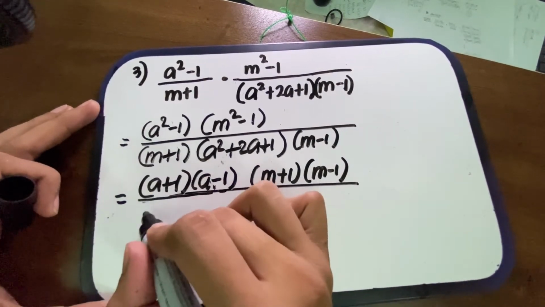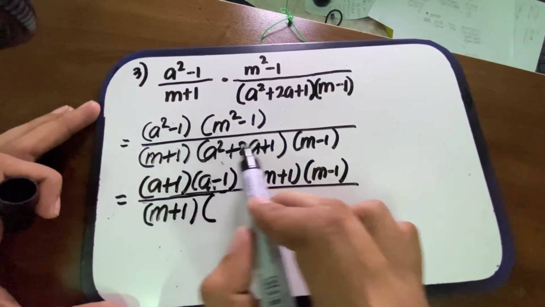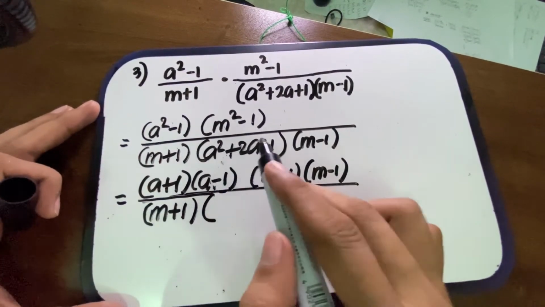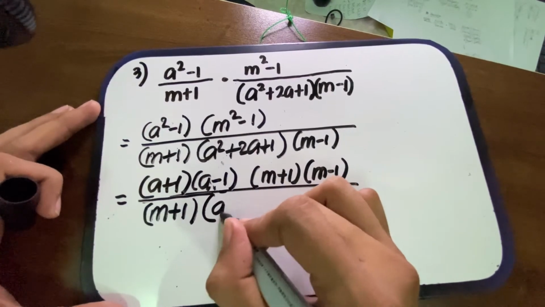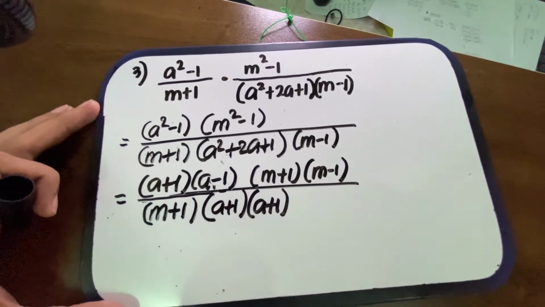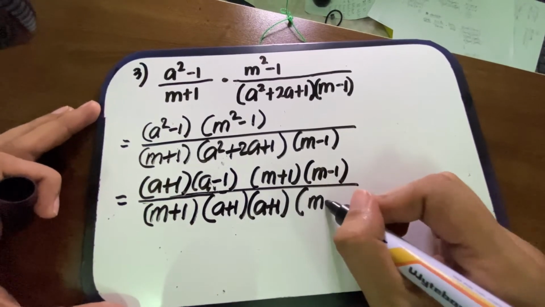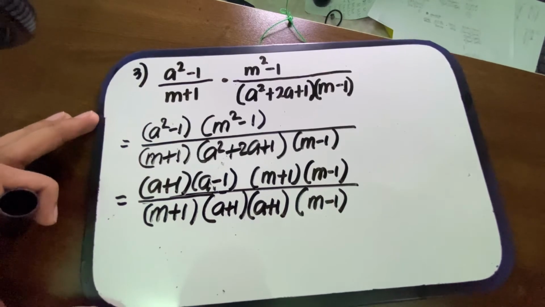Okay, this one, copy m plus 1. And this one is an example of perfect square trinomial. So this is a plus 1 multiplied to a plus 1, right? Then copy this one, m minus 1.